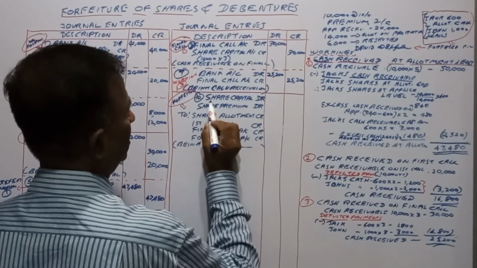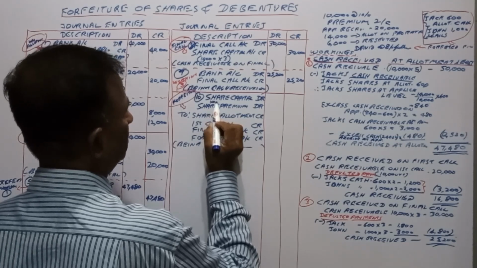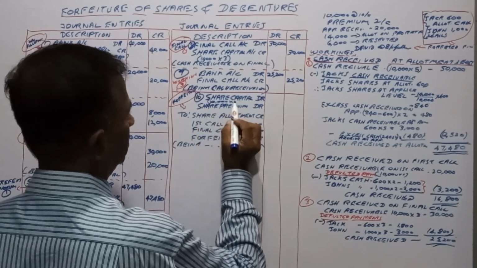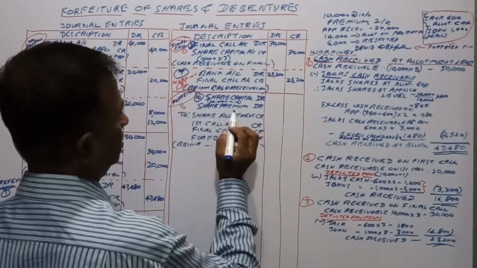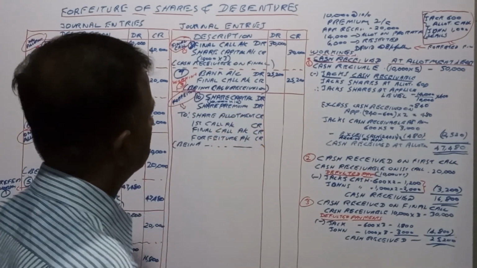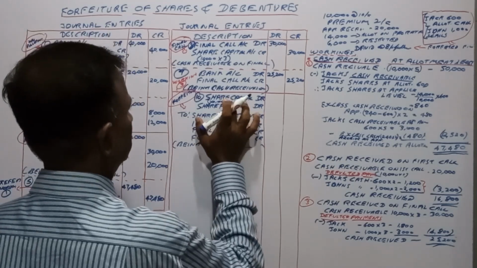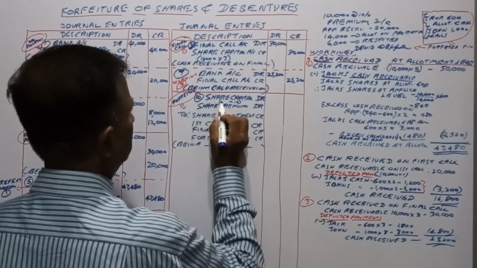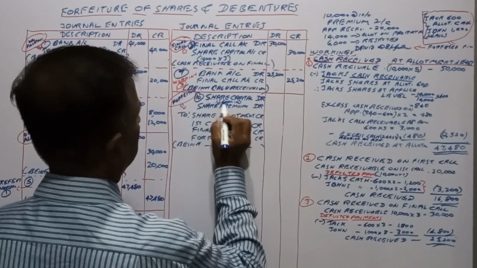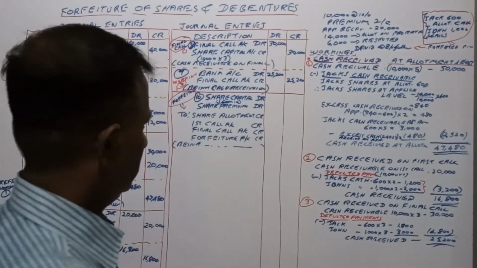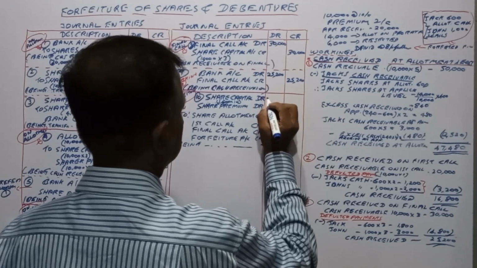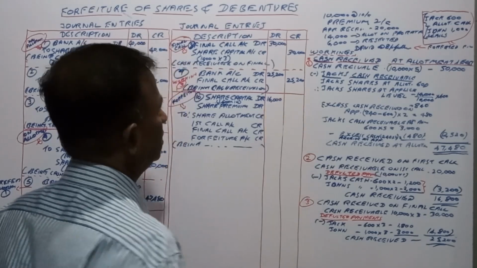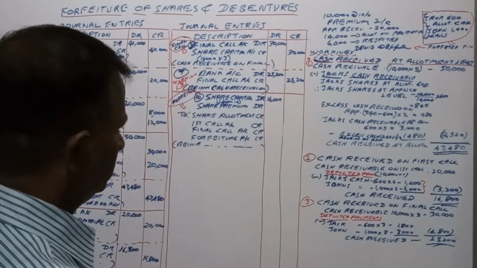Then share capital is 1,600 into 10, that is 16,000.